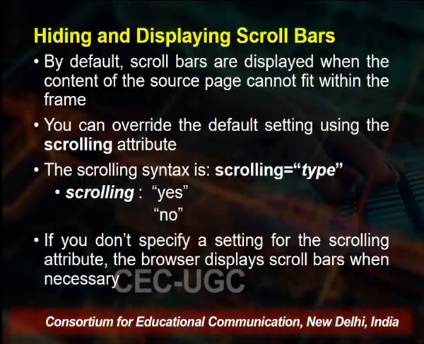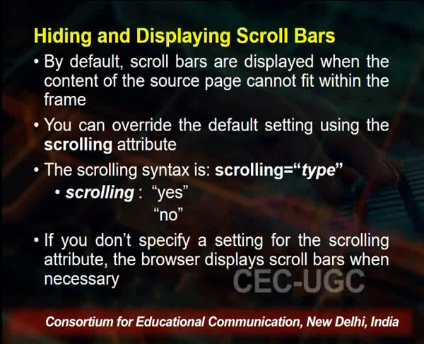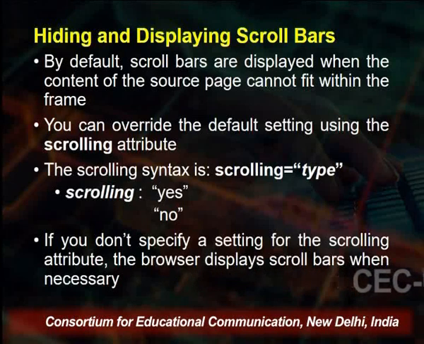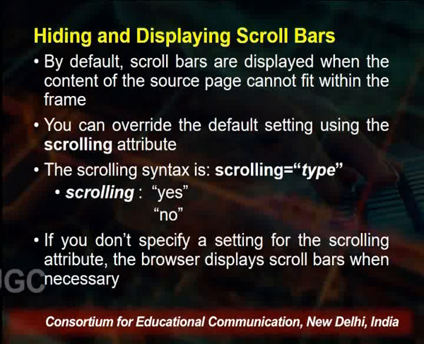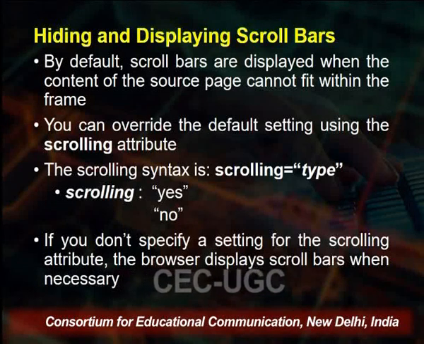If you want that the scroll bars should not appear in the frame, then you will use the attribute scrolling. So, with the frame tag you will write frame src and you can write scrolling, and you can write yes if you want the appearance of the scroll bars all the time.